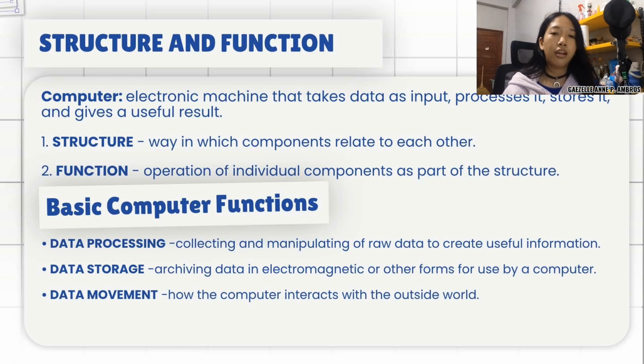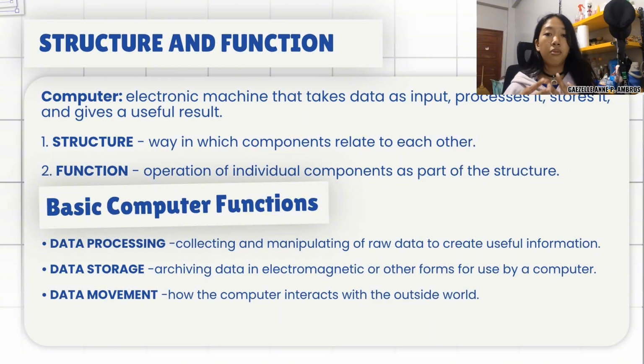Now also, under function, we have four basic computer functions, with the first being data processing, which is responsible for the collecting and manipulating of raw data in order to create useful information.